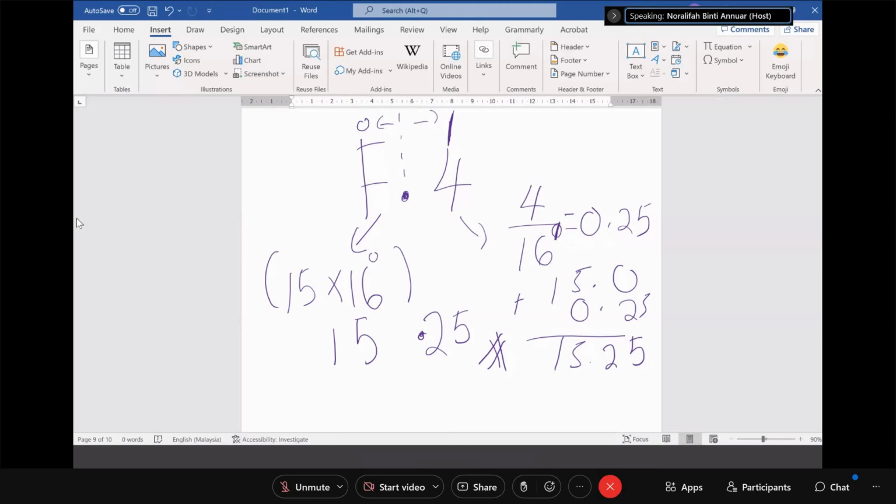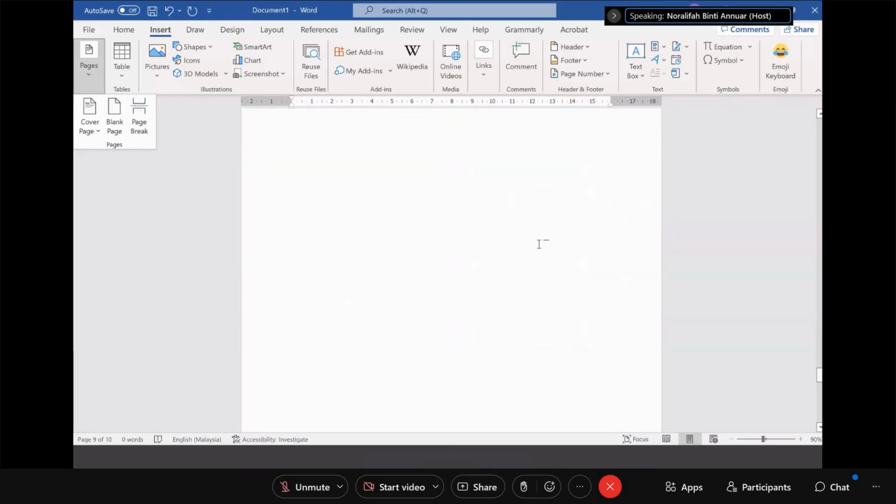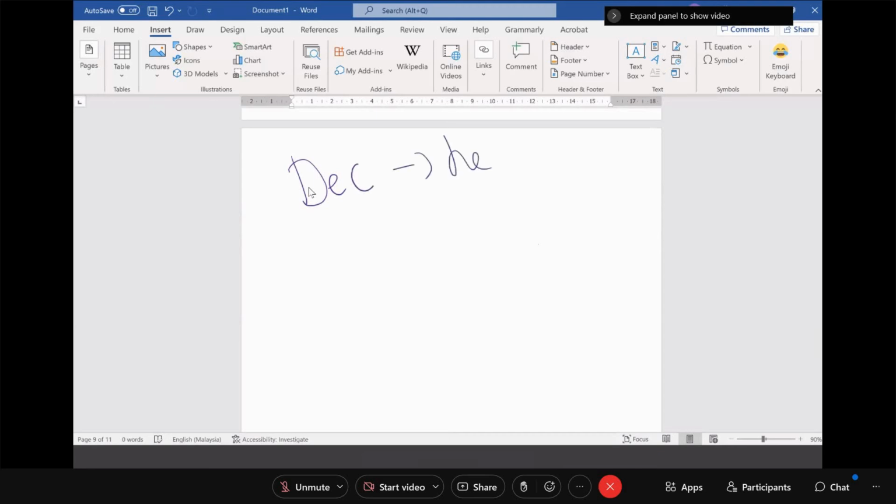Okay, hexadecimal to decimal done. Now we change to decimal to hexadecimal. Okay, now decimal to hexa.